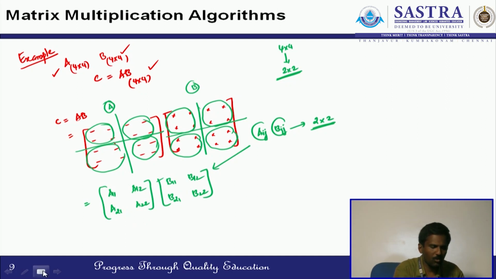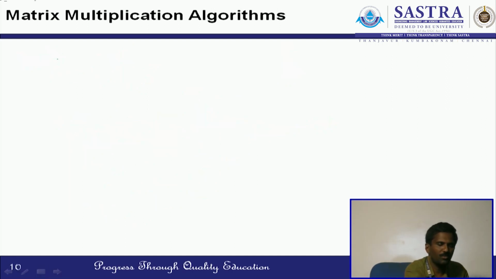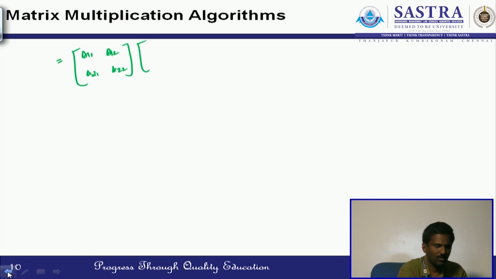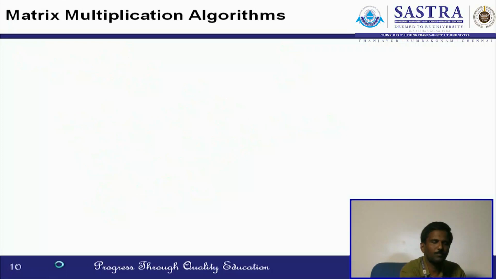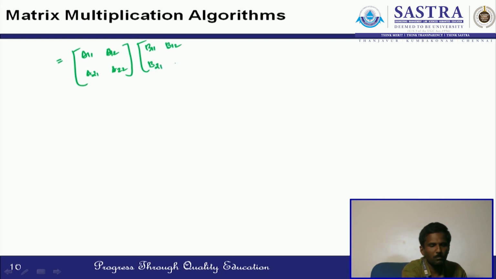So applying the logic here, just think of each element as a 1 by 1 matrix: A11, A12, A21, A22. Then the second matrix B11, B12, B21, B22.